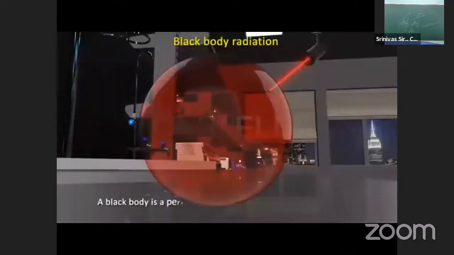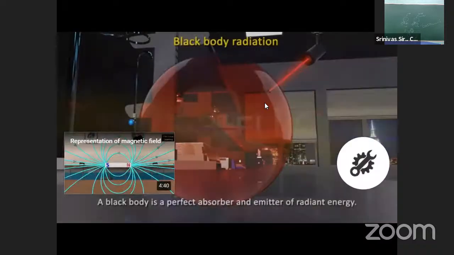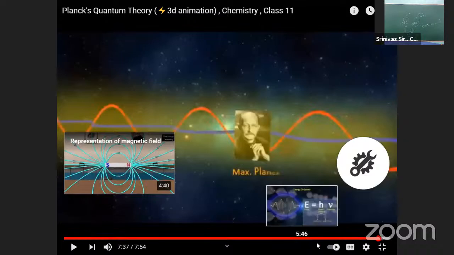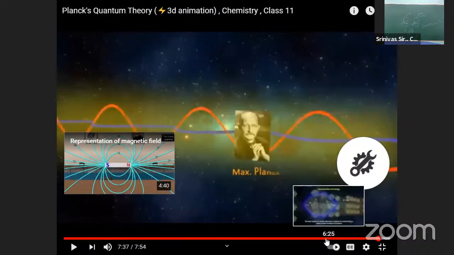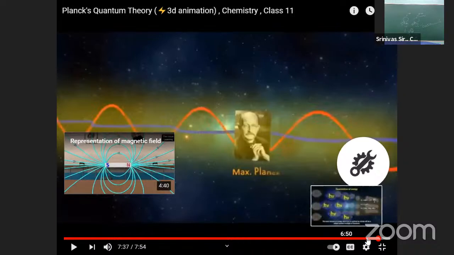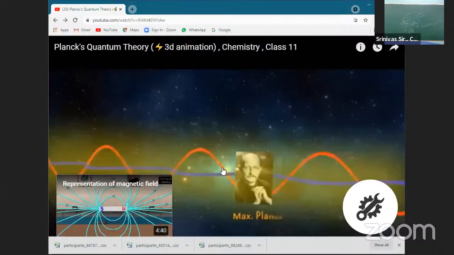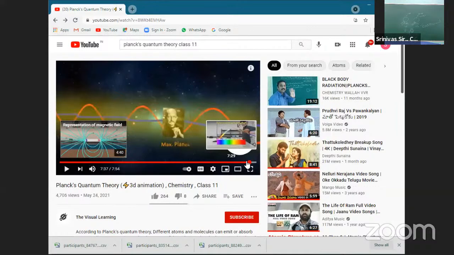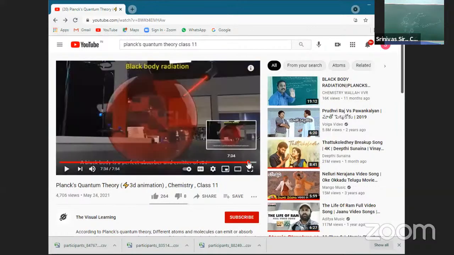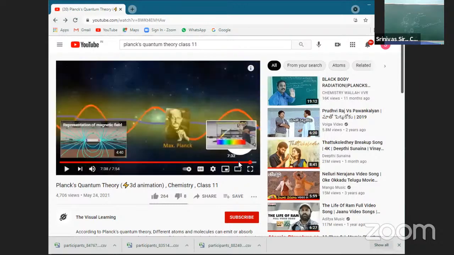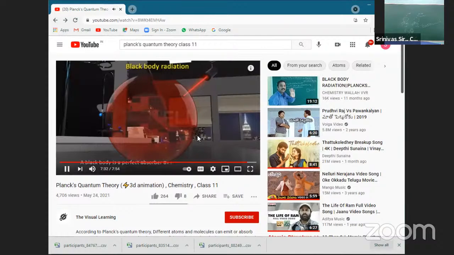A black body is a perfect absorber and emitter of radiant energy.